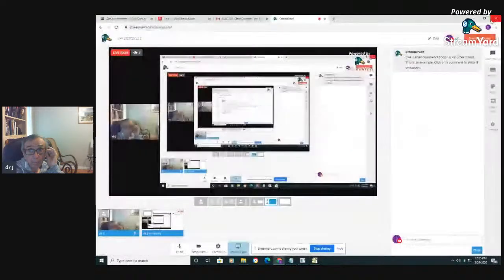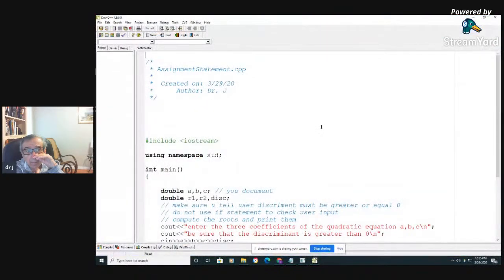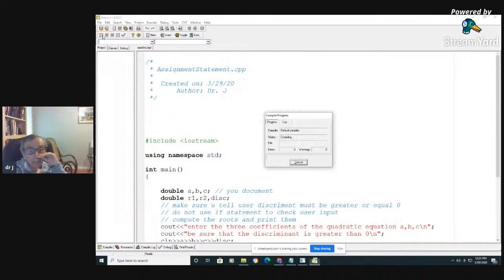One more try playing with this idea. It's called quadratic equation. That's maybe my problem. Quadratic equation. Okay, let's try this. That's probably the same result. Compile.